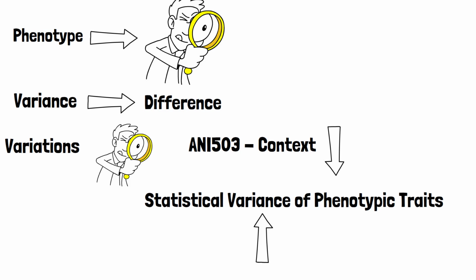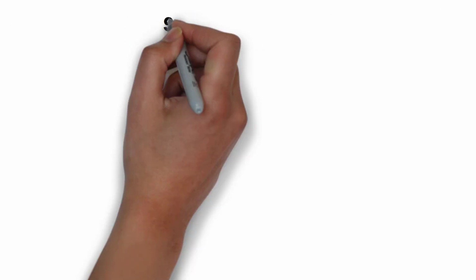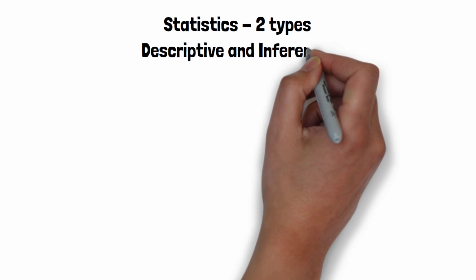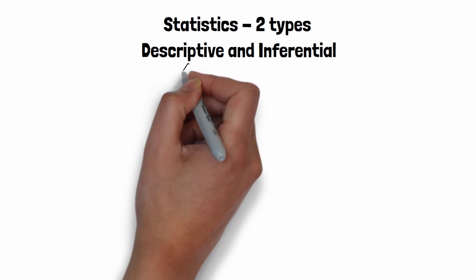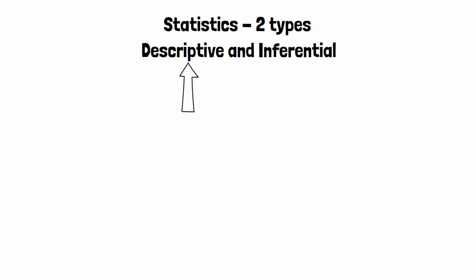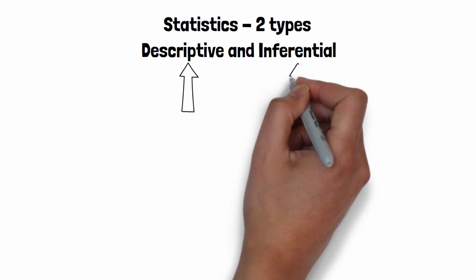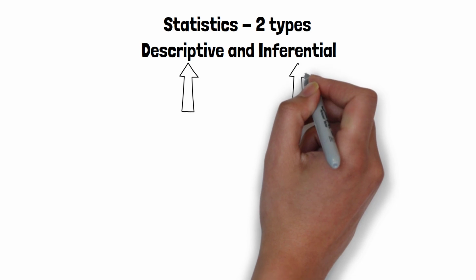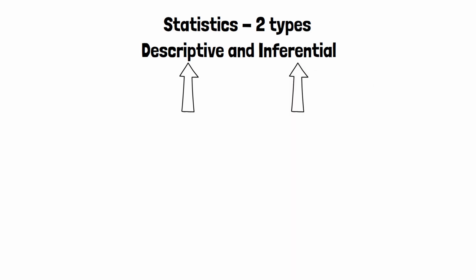Okay, I will take back a bit. Remember, statistics is of two types, descriptive and inferential. Descriptive is used to summarize and describe data, while inferential consists of making decisions, inferences about a population based on sample data. It often utilizes probability theories.